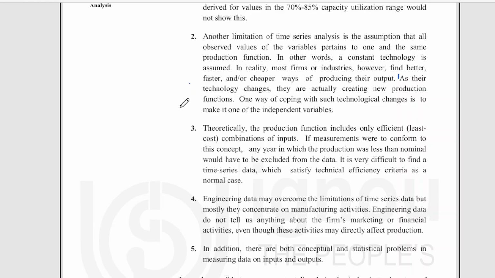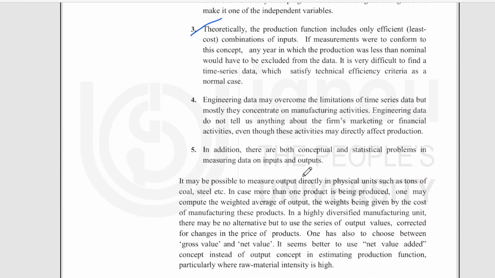One way of coping with such a technological change is to make it one of the independent variables. And the third one is that theoretically the production function includes only efficient combinations of inputs. If measurement were to conform to this concept, any year in which the production was less than nominal would have to be excluded from the data.